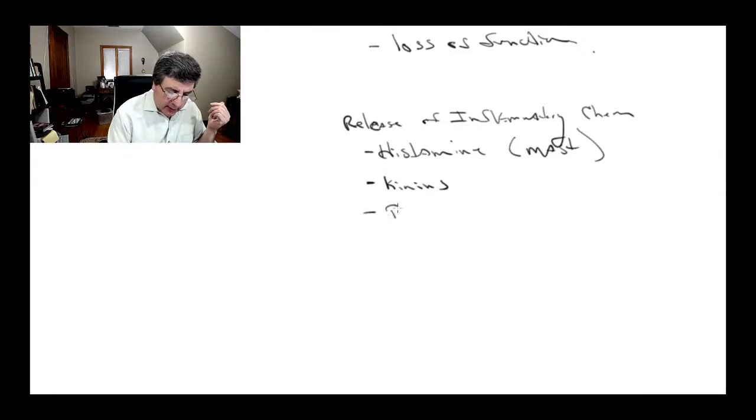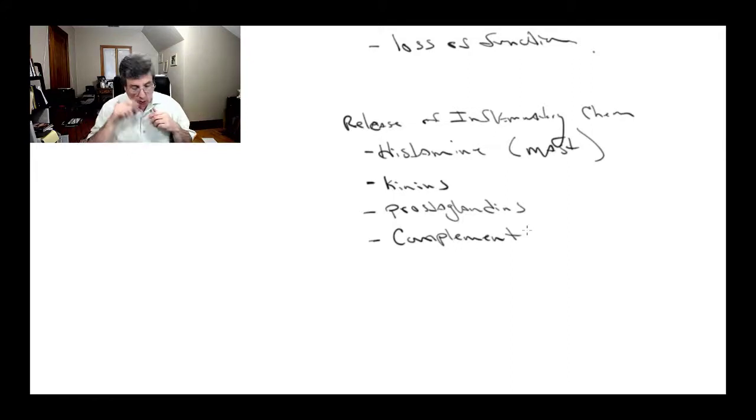We're going to have prostaglandins. And you've heard me say this one before, and we're going to touch on it in another video: complement. We're going to be talking about that shortly. This is going to be a big one.